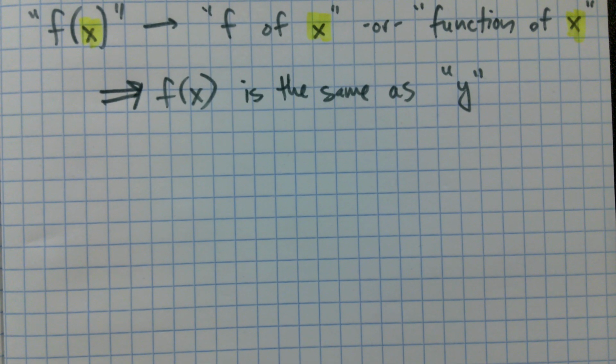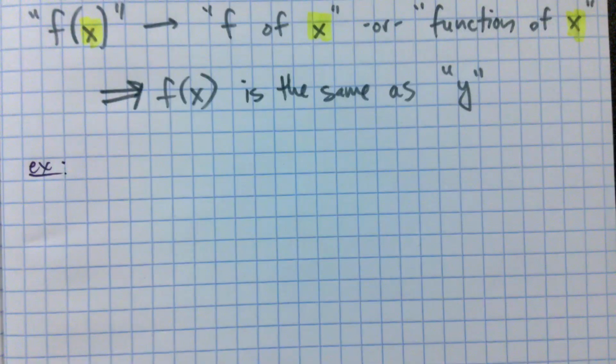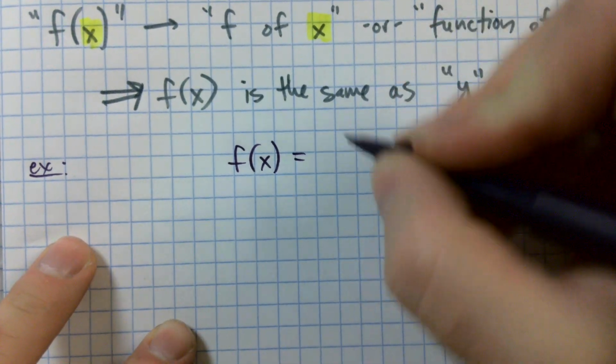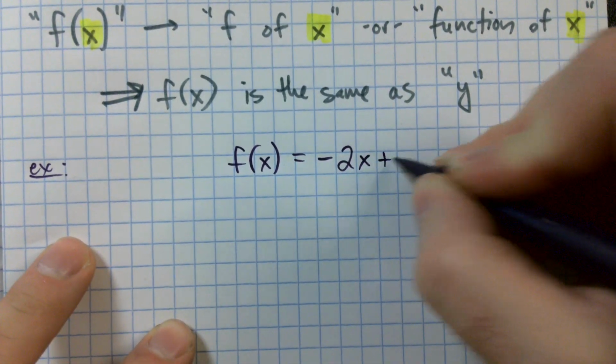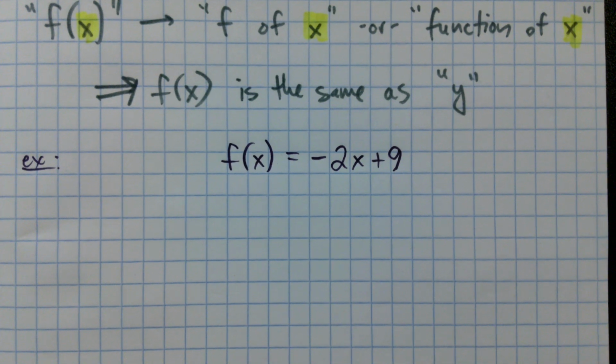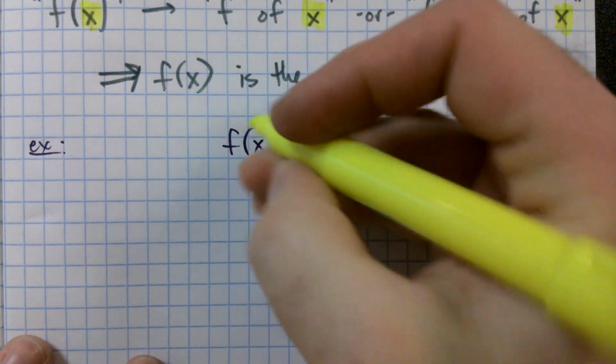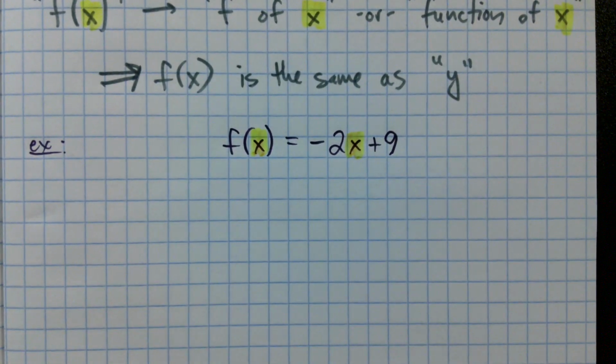For example, let's say we have f of x equals negative 2x plus 9. We're going to highlight my x.